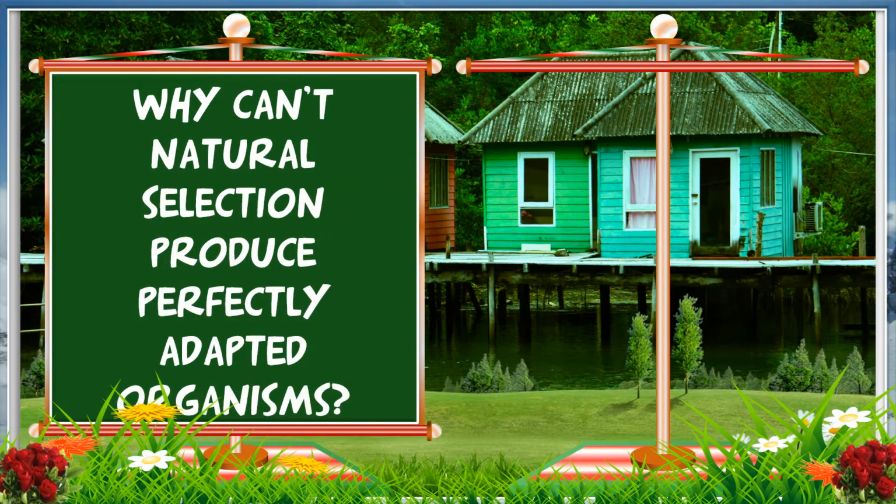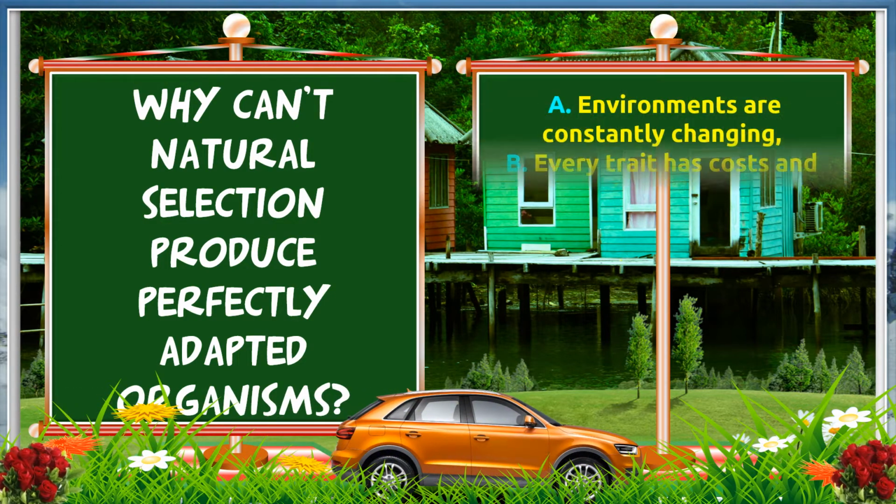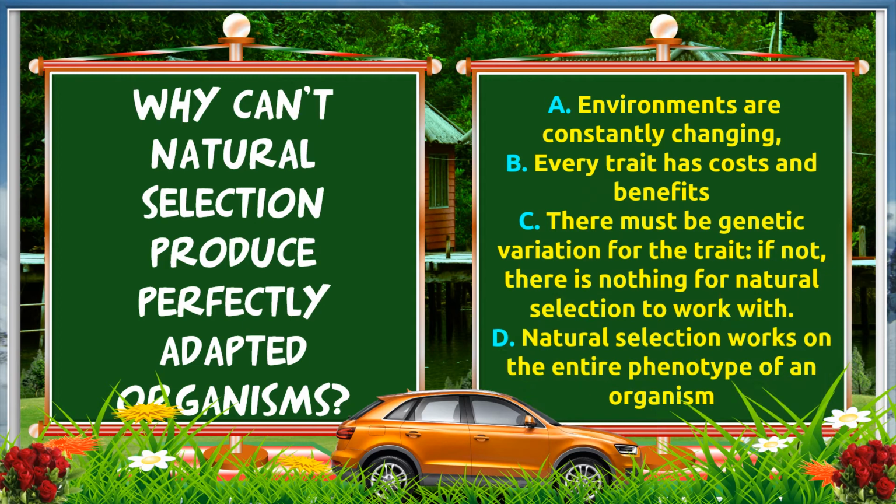Why can't natural selection produce perfectly adapted organisms? One, environments are constantly changing. Two, every trait has costs and benefits.